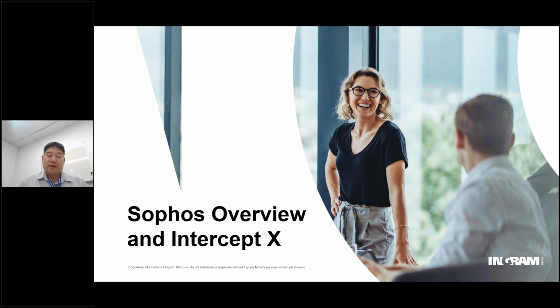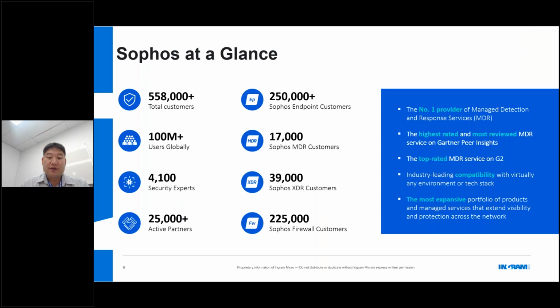For the next part, we're going to give a brief overview of who Sophos is, and talk about the Intercept X product, which is the endpoint product. Sophos is a global company based out of the UK.